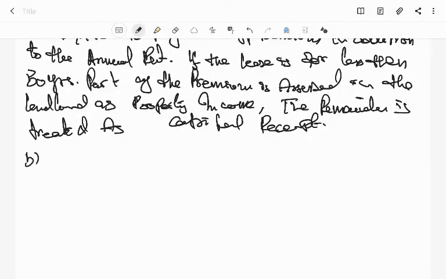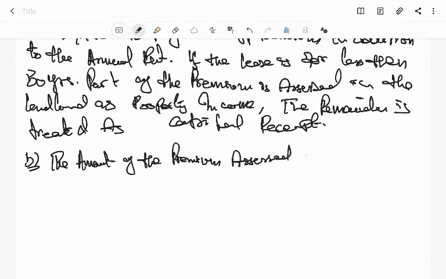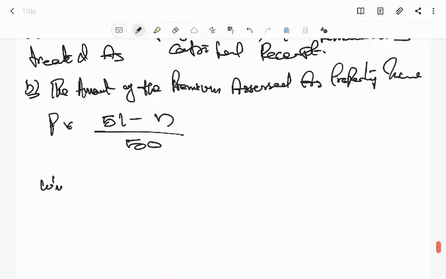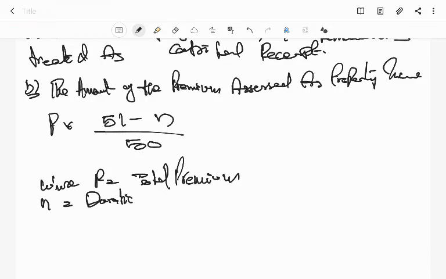Then the amount of the premium assessed as property income is P multiplied by (51 minus N) divided by 50, where P is equal to the total premium and N is equal to the duration of the lease in years.